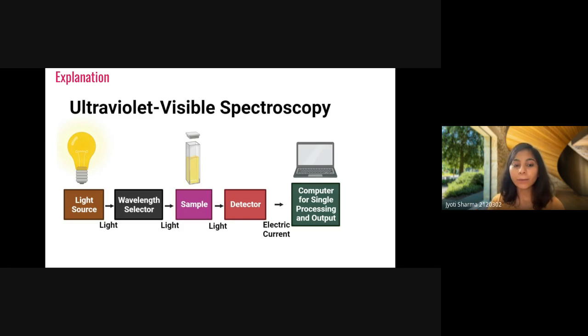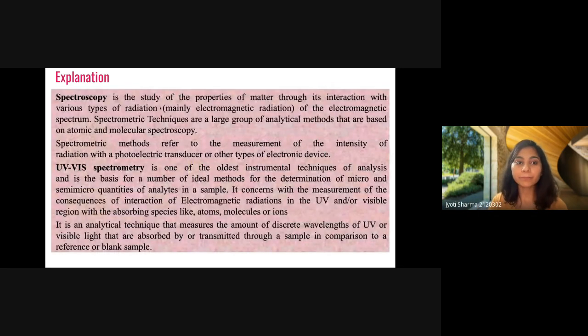Then we will give that light to the sample, and whatever absorbance and transmission we have will be detected by the detector, and that can give you the concentration. So based on the radiation you can have the value of the concentration. So this is the principle.